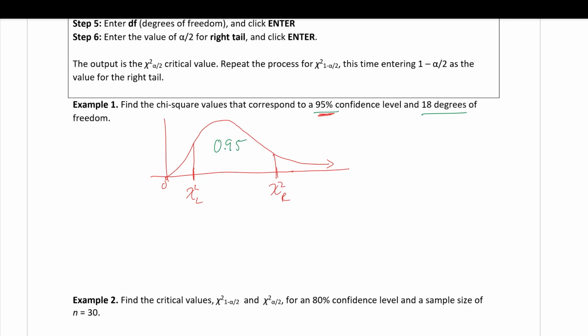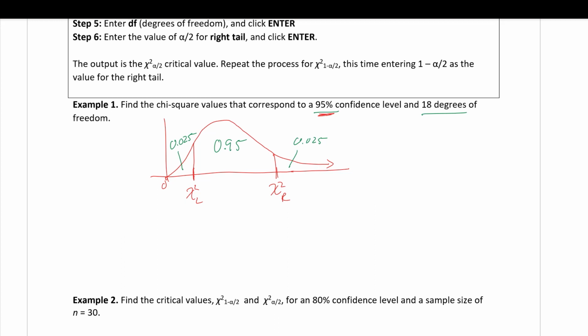Well, 5%, right? And half of 5% is 2.5%. So each one of these regions here is 0.025, 0.025. Now they don't look very similar, but the areas are exactly the same. The shapes might look different, but the areas are the same.